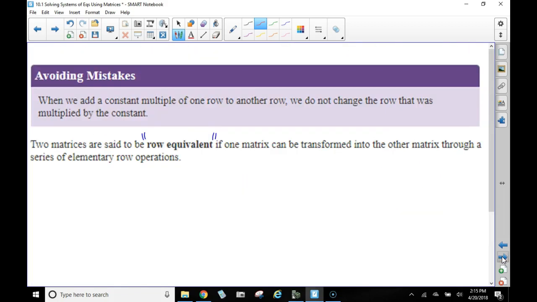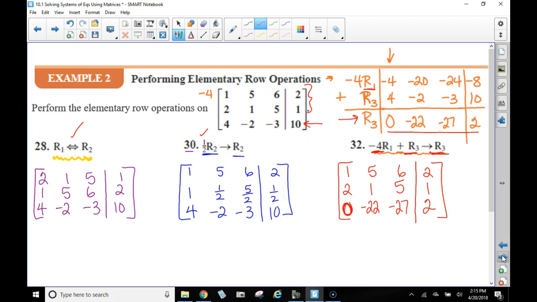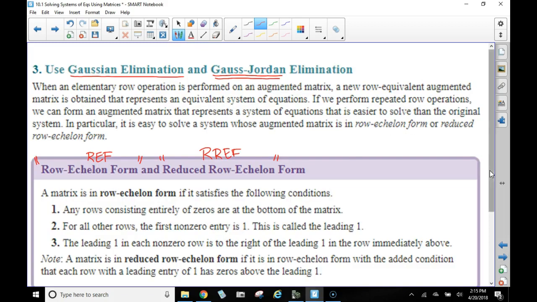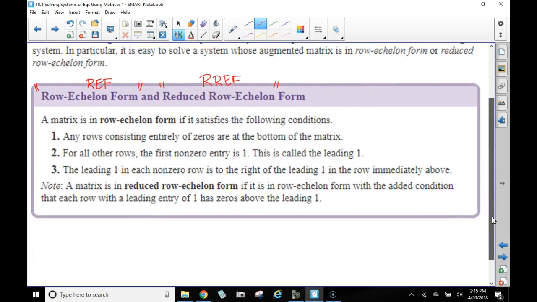We're going to, on purpose, use our elementary row operations to get our matrices into what is called row echelon form, okay? Any rows consisting entirely of zeros are moved to the bottom of the matrix. That's just a little organization thing you need to do. If you have a row entirely of zeros, move it to the bottom.